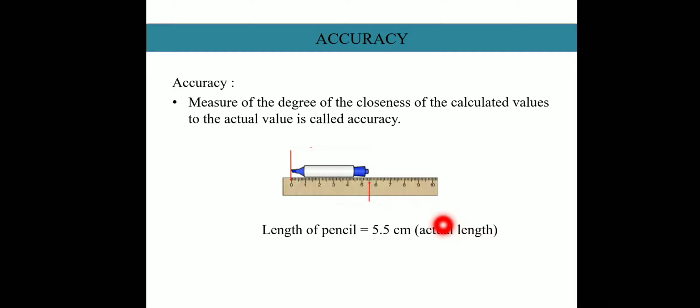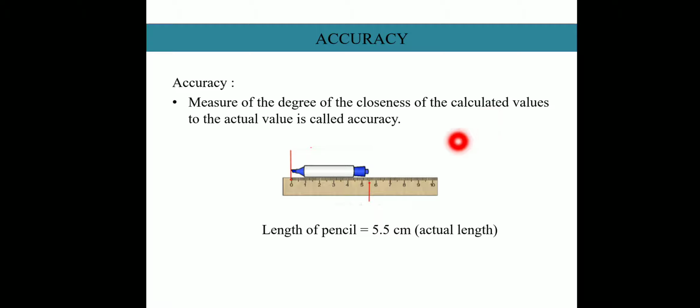It is mentioned that the pencil is this many centimeters long. Now we will measure the length of the pencil using the scale by hand, which is known as a calculated value.